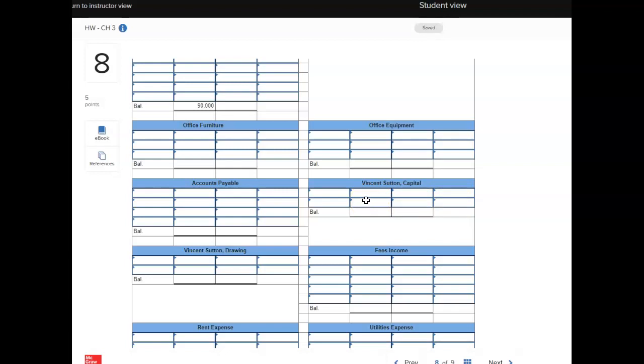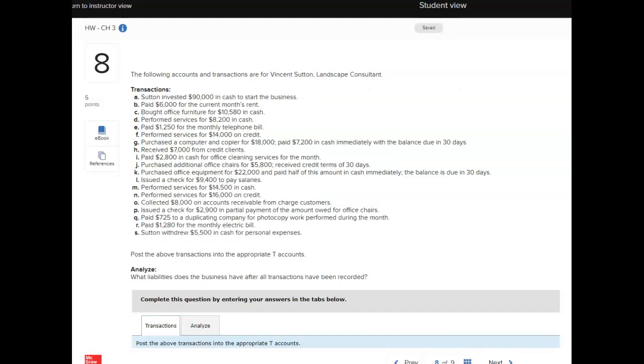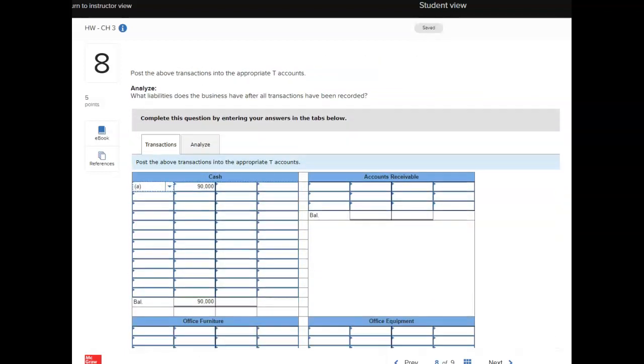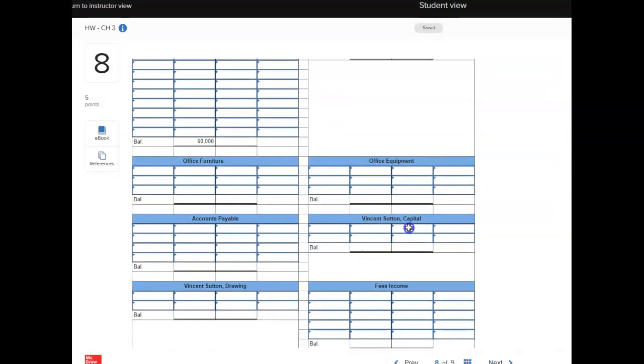Now we have $90,000 in capital. So we need to credit the capital account for $90,000 because like signs add, and use the drop-down box to indicate that this is transaction A.